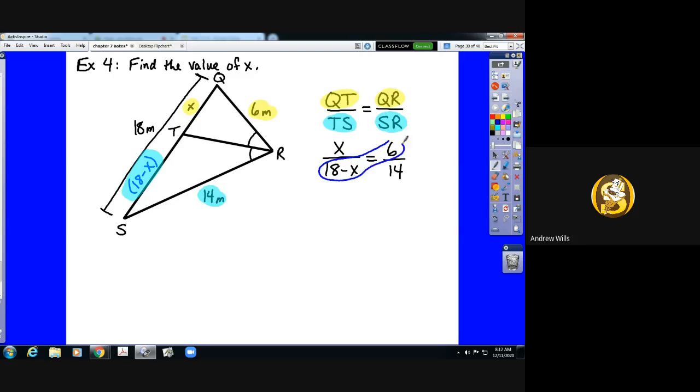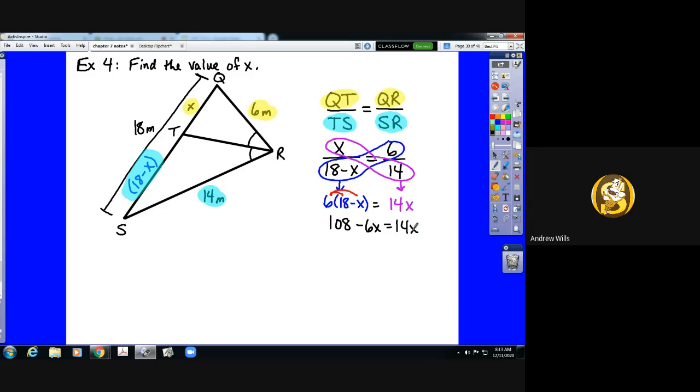We cross multiply. So we have 6 times 18 minus x equals 14x. And then we solve that. So to solve that, we would need to distribute. 6 times 18 is 108, minus 6x equals 14x.